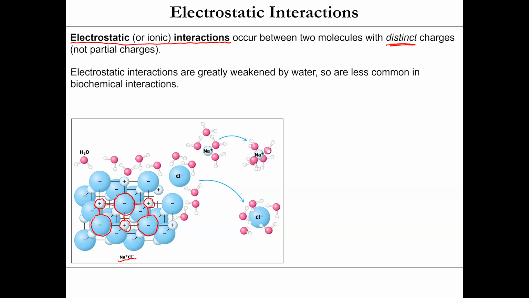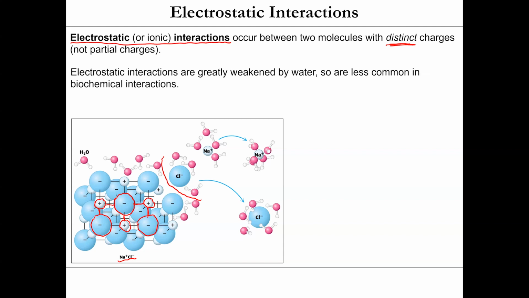Now, it's also important to know that electrostatic interactions can be weakened by water. It's a different kind of interaction, but the interaction with water is able to break up electrostatic interactions, which is why table salt dissolves so readily in an aqueous solution.